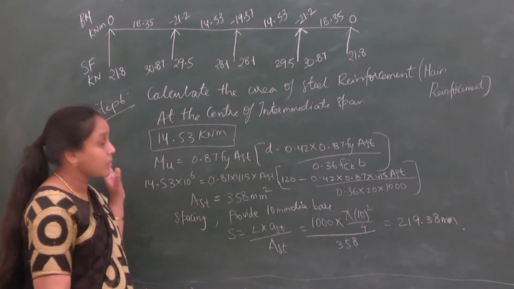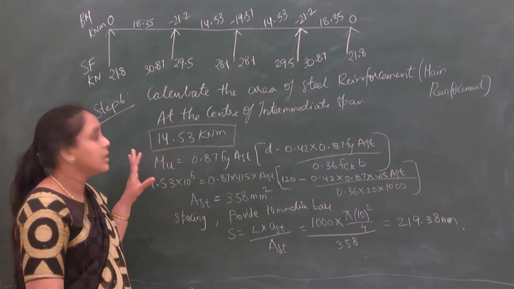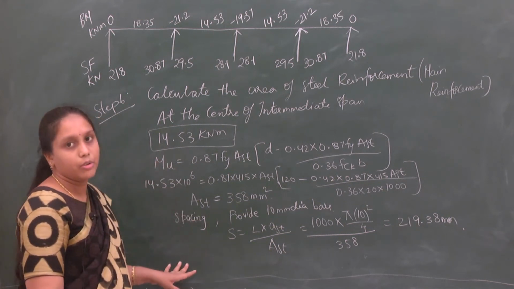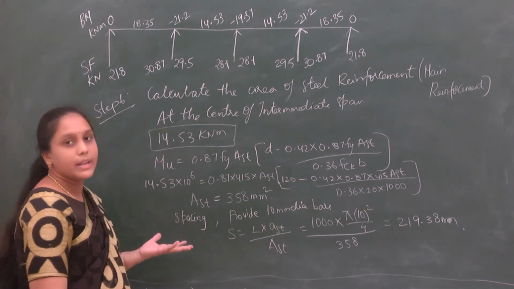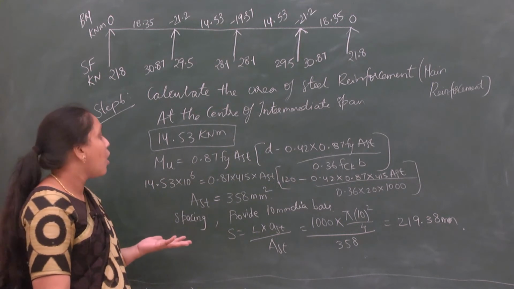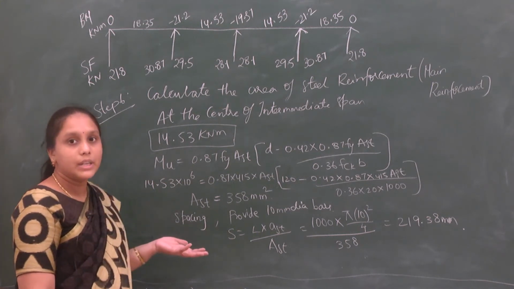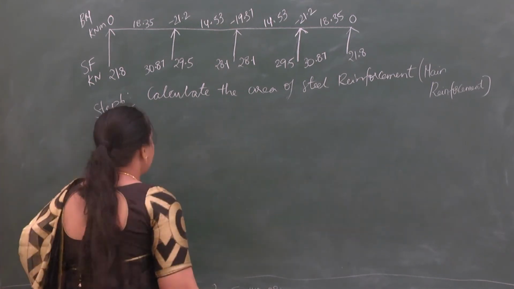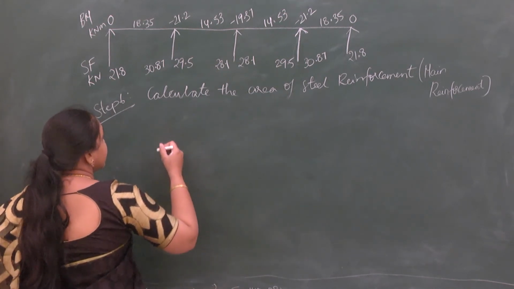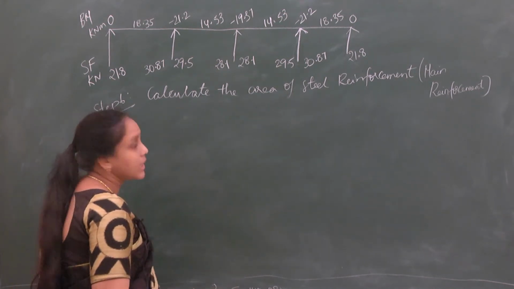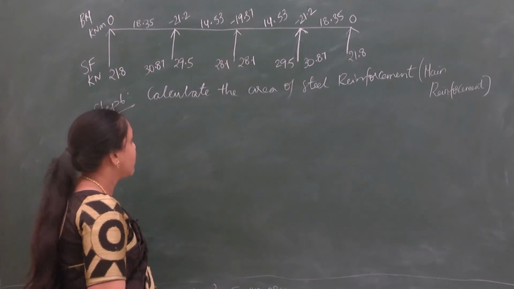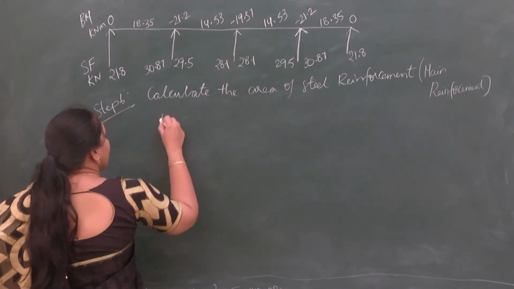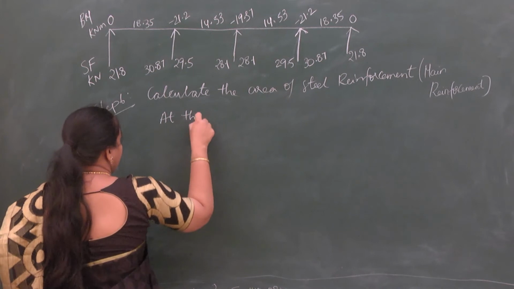Now, all the positive bending moments, based on that we have calculated the area of steel. Now let us calculate the area of steel at the supports. Let us calculate the AST required for the bending moment at the supports.